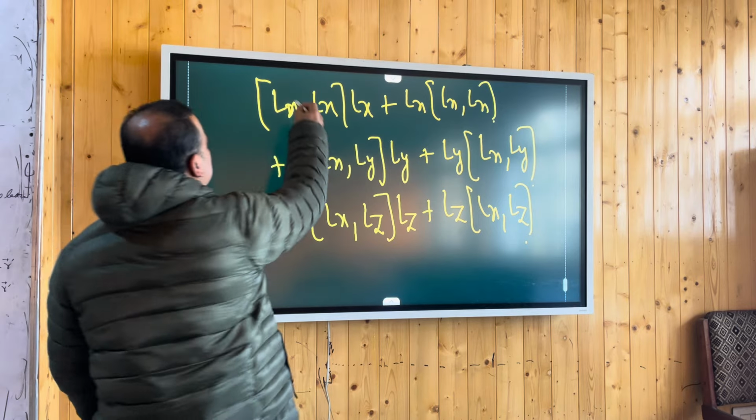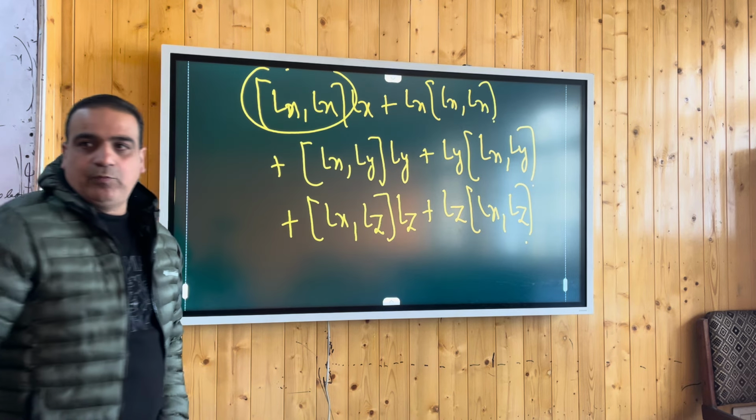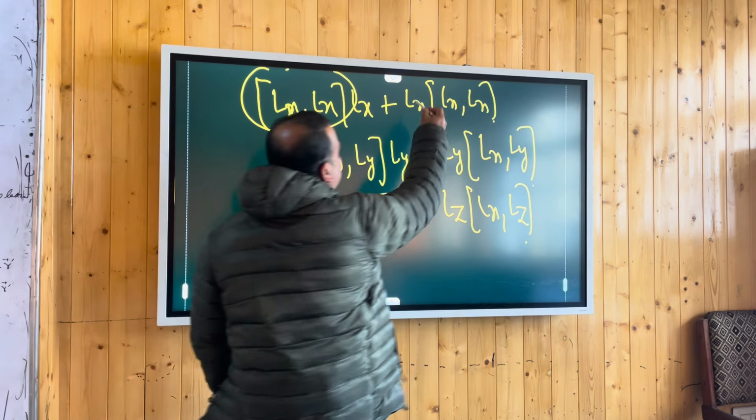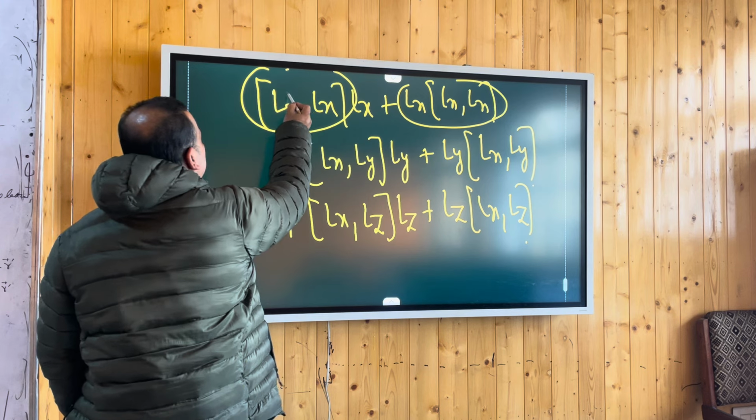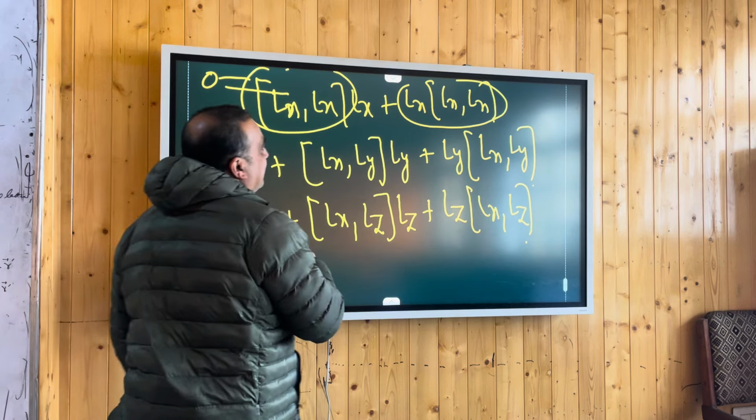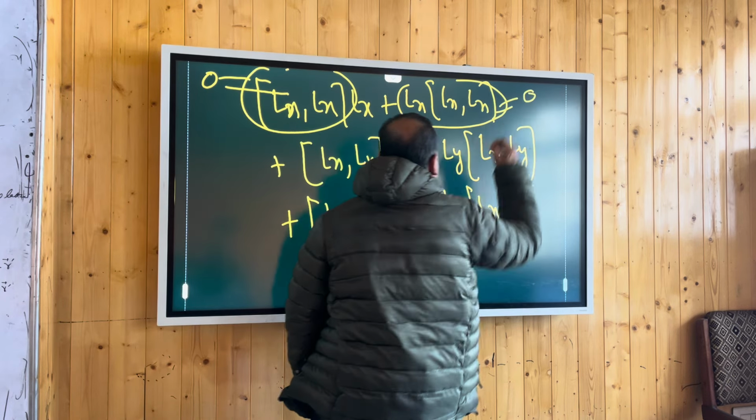Now you can see the first term is gone because Lx commutes with itself, and the same for the other. So both of these terms lead us to 0.